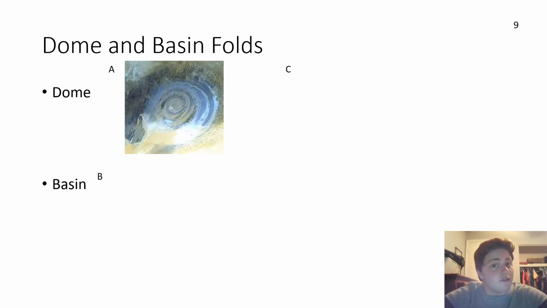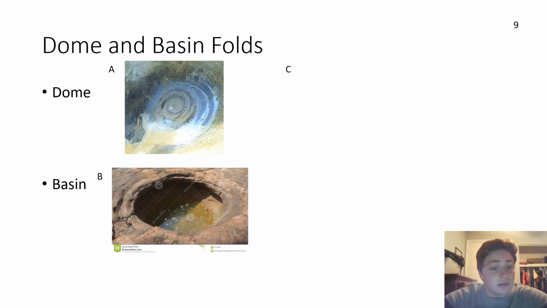However, there's no fold hinge, and quite similarly to an anticline, the oldest rock in this would be right in the center or the core, and the outside layer would be the youngest. You can see this at certain places like Half Dome Mountain, Half Dome Peak, and other rock outcroppings that are bulbous in nature.